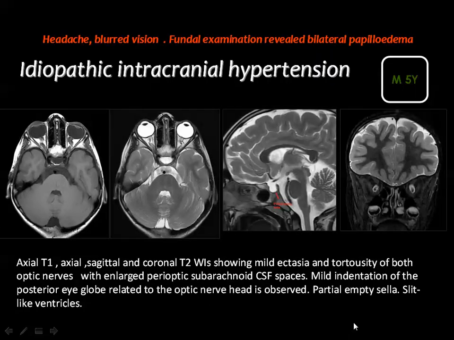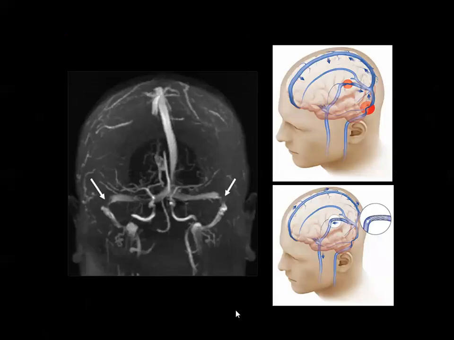Then in the MR images of the brain, you easily appreciate the presence of empty sella. Here you see widening or ectasia of the CSF space around the optic nerves, and you see tortuosity of the optic nerves, and you may see the flattening of the optic disc as well.